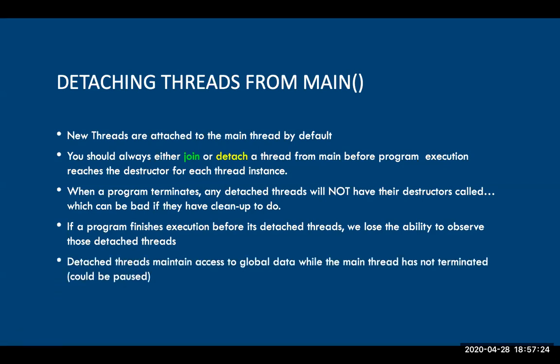But in certain operating systems, like I said, they could maintain access to global data, which prevents you from freeing up maybe some bloated program that you're trying to kill, right? And it's just taking up all of your RAM, and you can't get rid of it because some thread is still active. Okay?